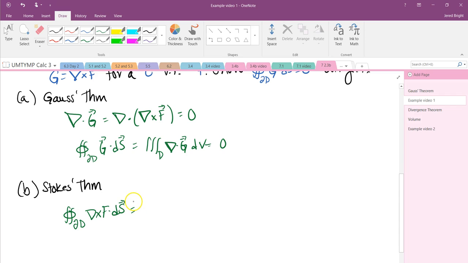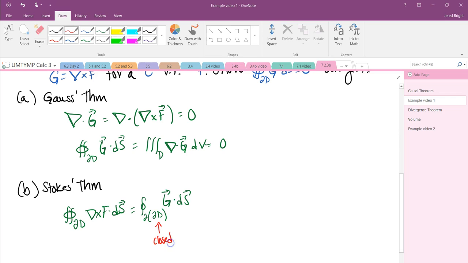This was going to be the closed integral over the boundary of the boundary of D of G dot dS. Now we know that this is a closed surface.